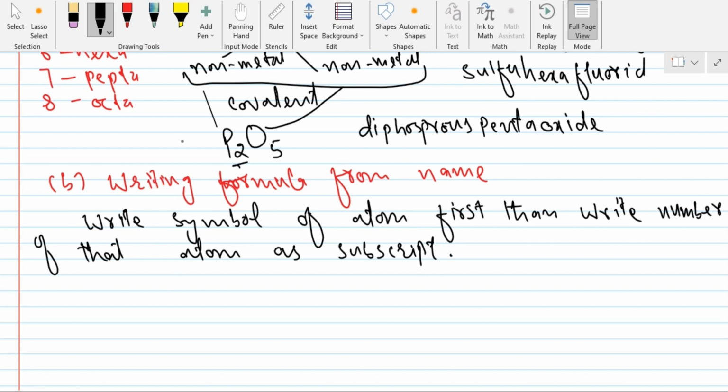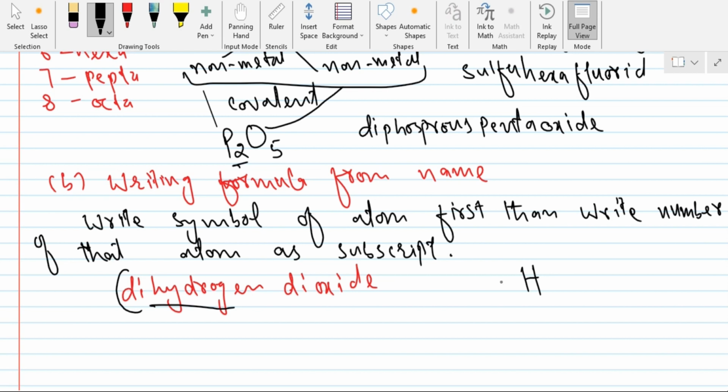For example, I'm going to give you a simple name, dihydrogen dioxide. This has two parts, as you can easily see. As I mentioned, write down the symbol first. Dihydrogen is the name of the atom, so the symbol of the atom is H. Then how many atoms of hydrogen do we have?